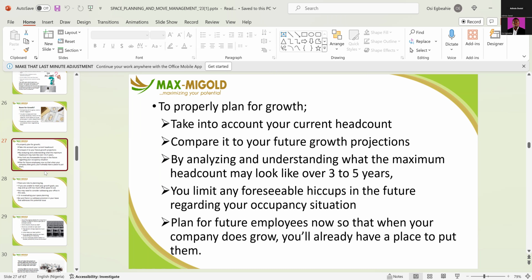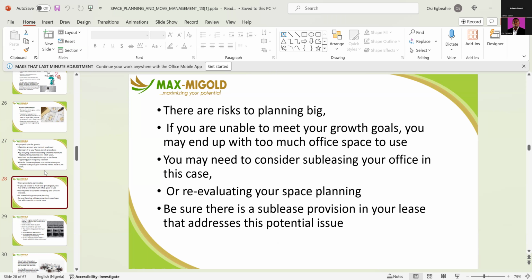You limit any foreseeable hiccups in the future regarding your occupancy situation. Plan for the future employees now, so that when your company does grow, you already have space to put them. It's not when they are growing that you now start looking for space. You already have plans for it.